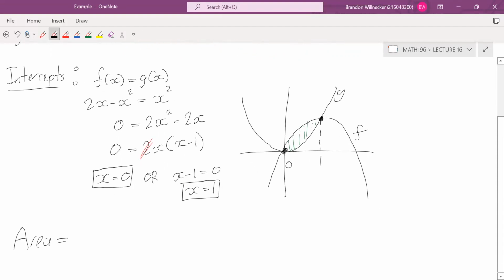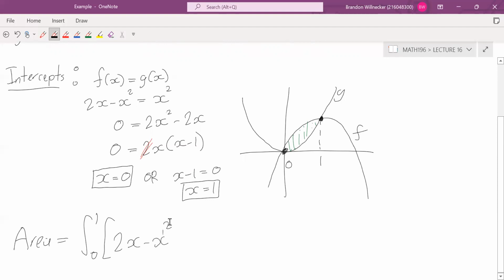So the area is going to be equal to the integral from 0 to 1, because those are the x-intercepts. Sorry, not the x-intercepts, the function intercepts. So one of the intercepts is at x equals 0, the other intercept is at x equals 1. Okay, then we need the upper function minus the lower function. So that's going to be 2x minus x squared.